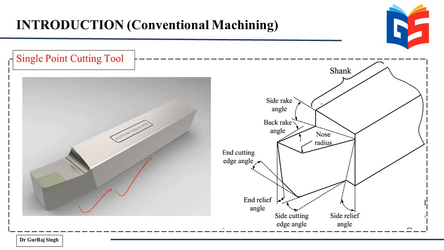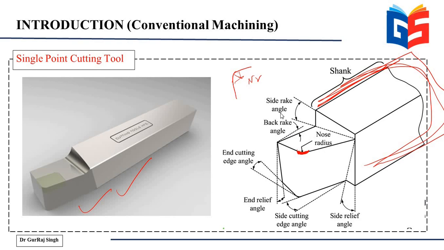You have this component which is used for holding purposes, called the shank. And this is the point where the actual cutting takes place, and this is called the nose of the tool. The radius of this portion is called the nose radius. If you take a look at this from the top, it has a certain radius here, and this is called the nose radius.